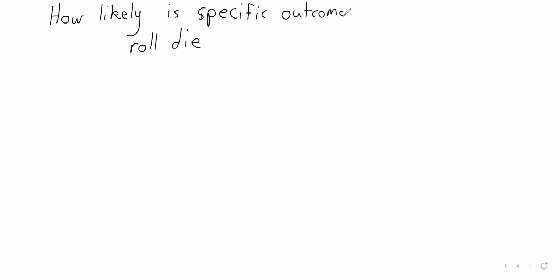comes when you start asking questions like how likely is a specific outcome. You roll the die. We'll assume for simplicity that it's perfectly balanced. Every outcome is equally likely.